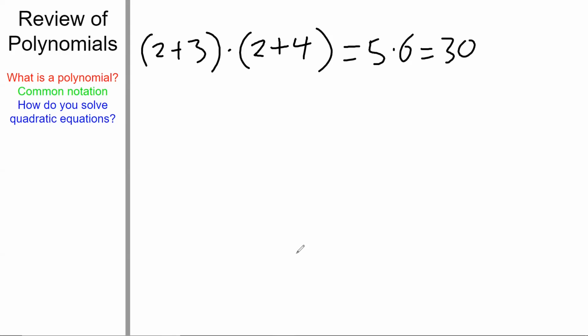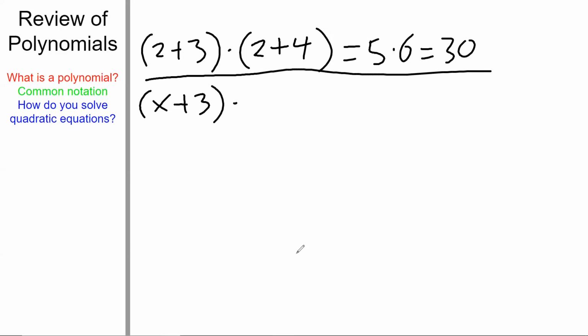Now, what if we had this exact same expression, except we replaced every single 2 with x, which means that this equation now becomes x plus 3 times x plus 4 is equal to 30.